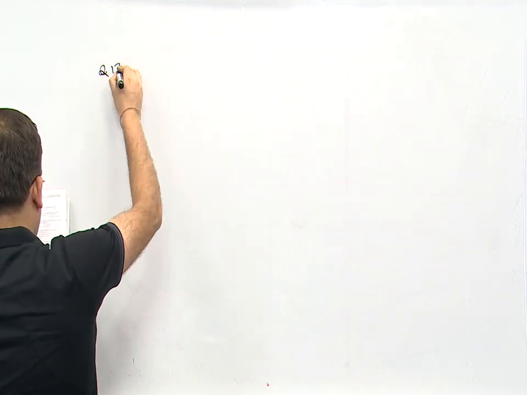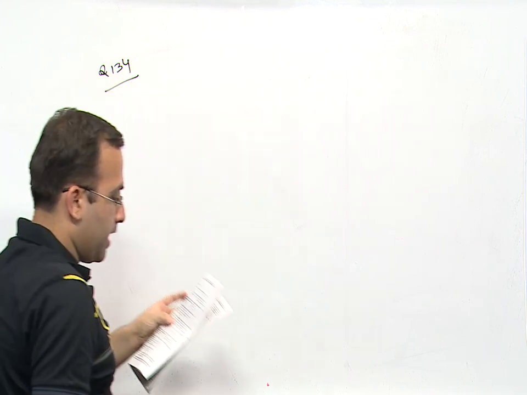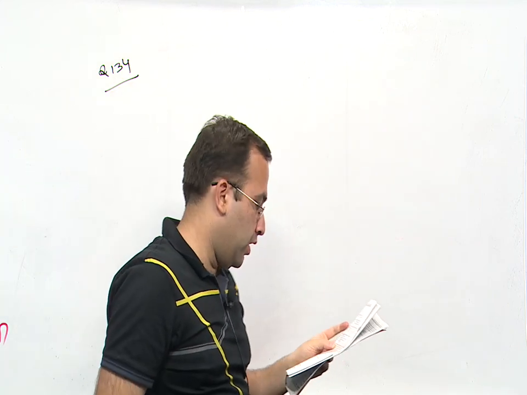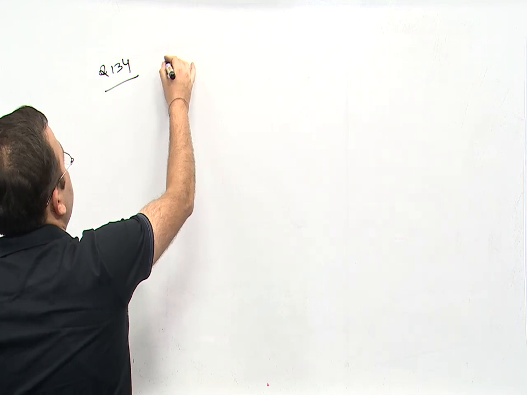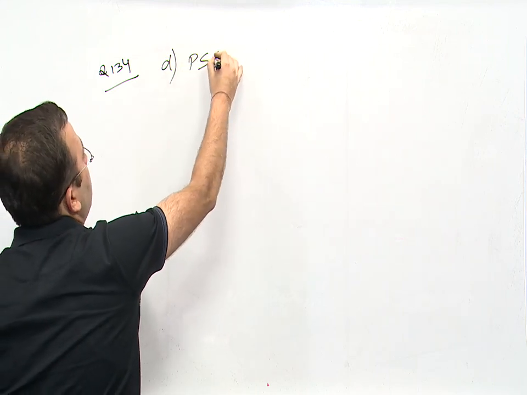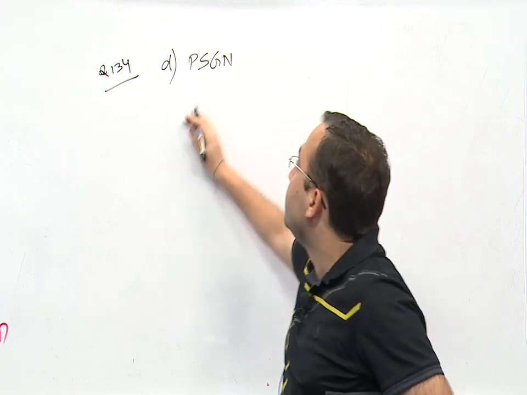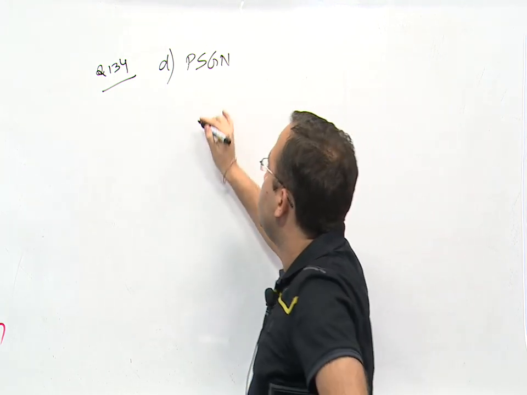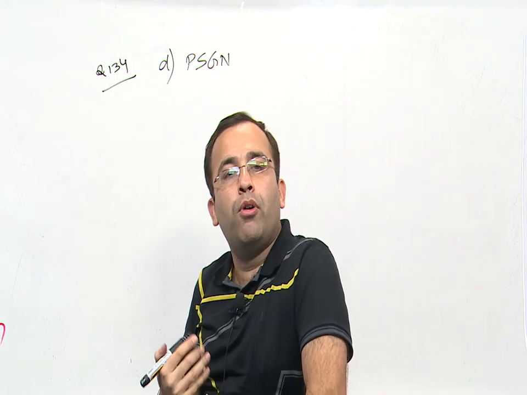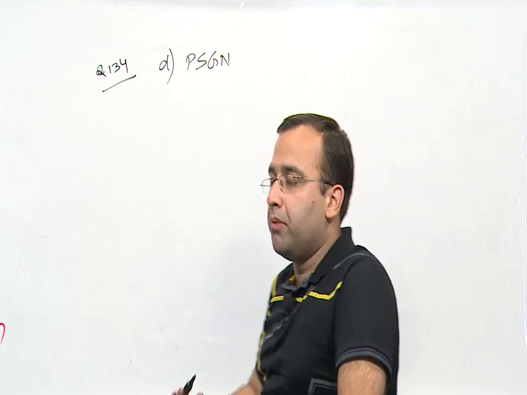Question 134. Maximum endocapillary proliferation is seen in PSGN, post-streptococcal glomerulonephritis. We have seen this earlier. Endocapillary proliferation is the microscopic appearance.